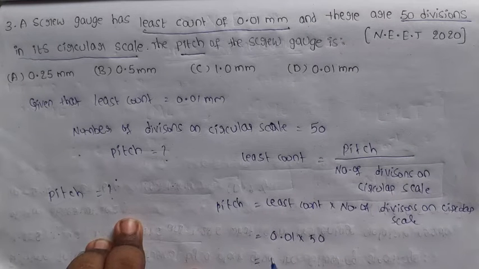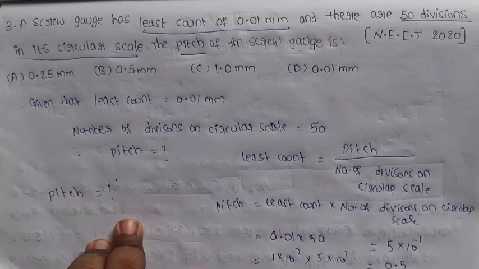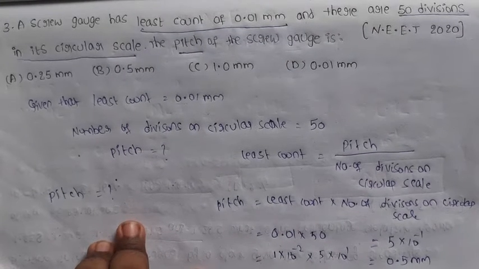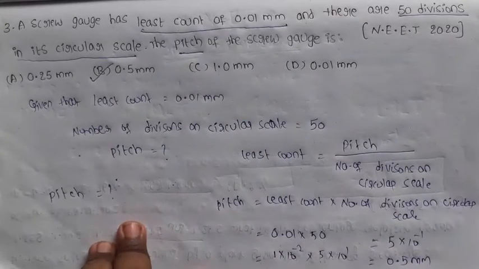We can write 0.01 as 1 into 10 to the power of minus 2, into 5 into 10 to the power of 1. So the value is 5 into 10 to the power of minus 1, which we can write as 0.5 millimeter. So the pitch value of the screw gauge is 0.5 millimeter. See the options: 0.5 millimeter, option B is the correct one.